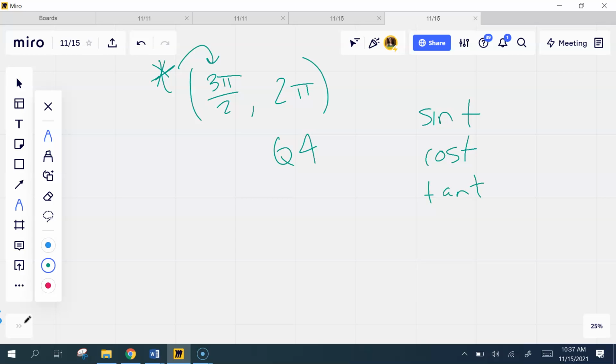In other words, is it positive or negative in that interval? When I'm between 3 pi over 2 and 2 pi, is the sine positive or negative? Why? The y is negative. I'm in the bottom. Remember, x is positive, y is negative, so tangent would also be negative. So the sine, which is the y, is negative. The cosine is positive, and the tangent is negative.